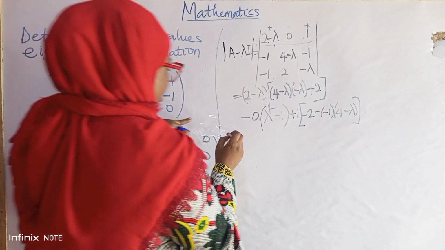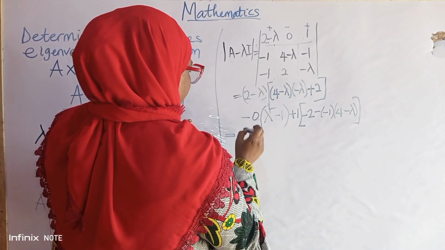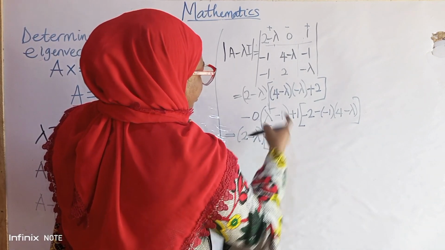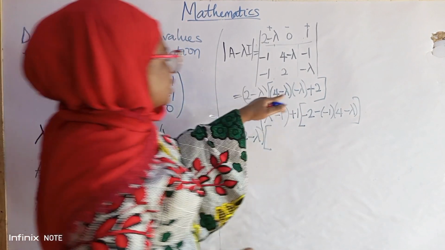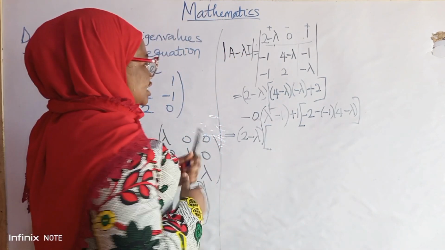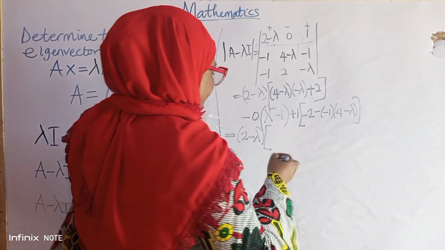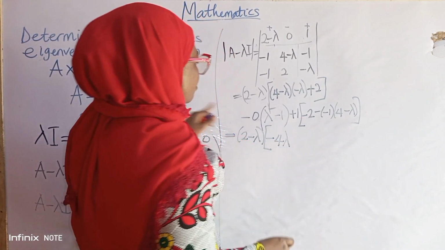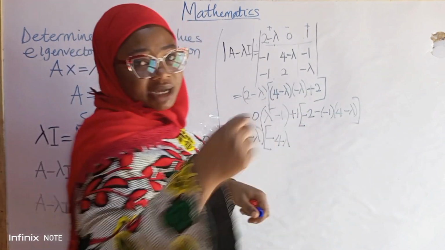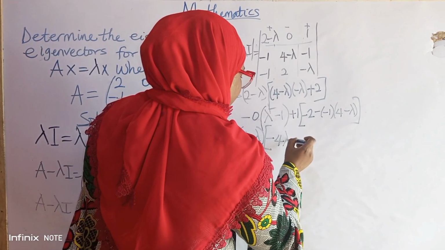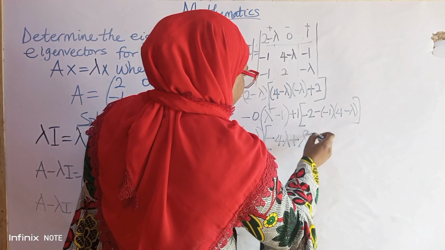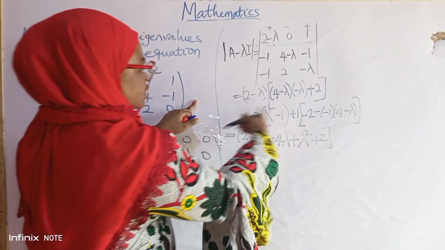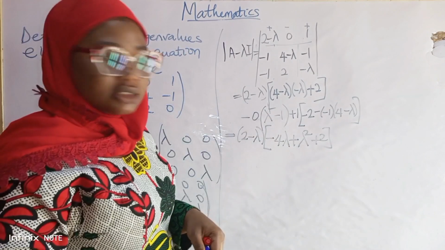So this is equal to 2 minus lambda multiplied by, let's expand this. 4 multiplied by minus lambda is minus 4 lambda. Then minus lambda multiplied by minus lambda is plus lambda squared. Then plus 2. The whole of the second term is going to give us 0 because it's multiplied by minus 0.